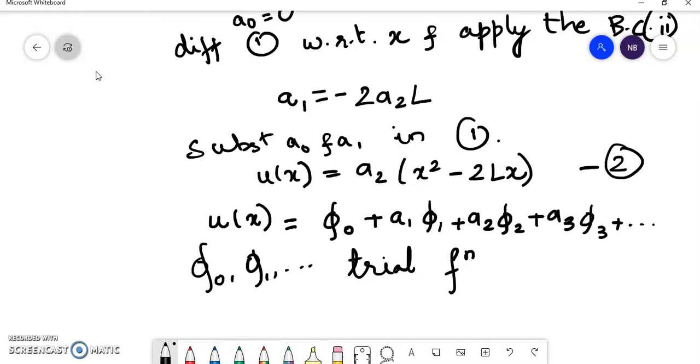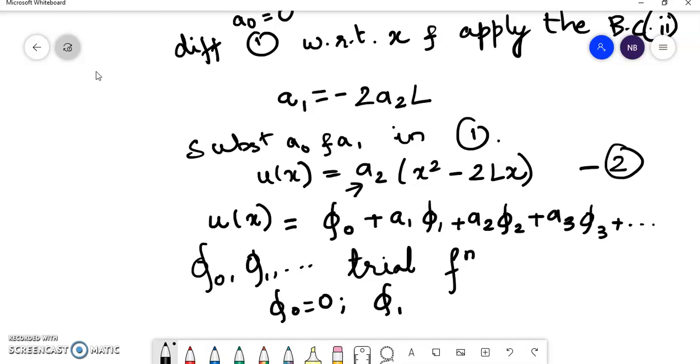Now phi 0 is to be mapped with a0. Is there an a0 term in this? There is no a0 term. So we say phi 0 equals 0. So we are comparing these two equations, one which we have in x and one which we have in phi. Phi 1 has to be mapped with a1 in equation 2.